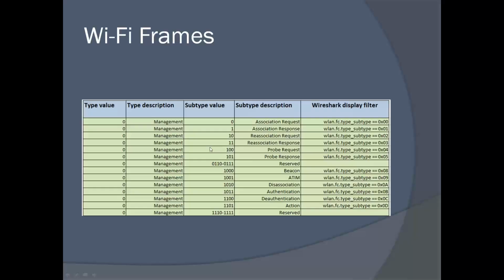And you can see here, these are the Wi-Fi frames, and some of these frames are particularly useful to us. For instance, you can see there's a beacon frame right here, and we can use a Wireshark filter, wlan.fc.type_subtype, and then the hexadecimal value 0x08.